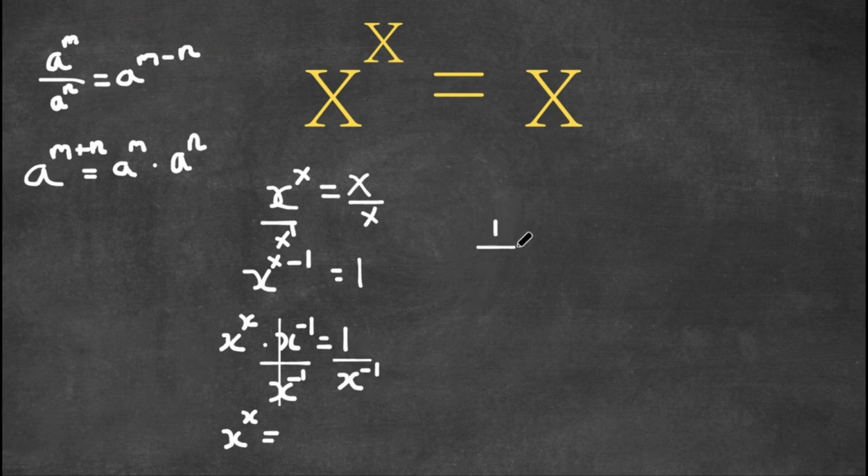And 1 over x to the power of negative 1 is the same thing as 1 over 1 over x, which is simply equal to x. So 1 over x to the power of negative 1 is simply just x. So now we get x to the power of x is equal to x.